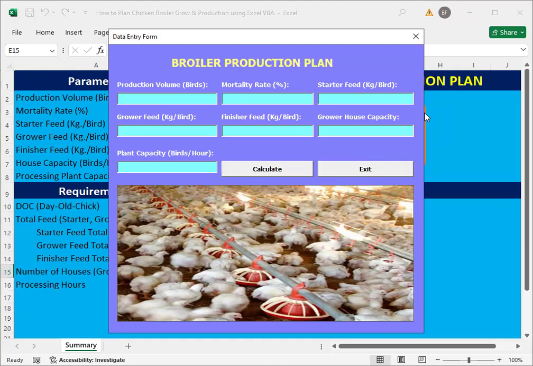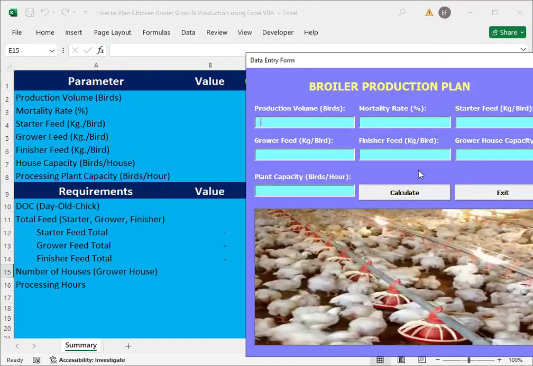I'm going to enter the parameters for us to come up with requirements. Let's say we're going to produce 1 million birds, or broiler chicken, and the mortality rate is 5%.